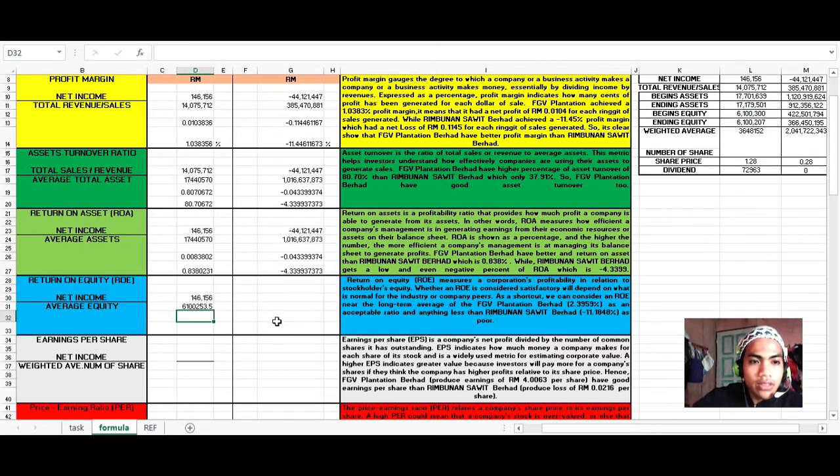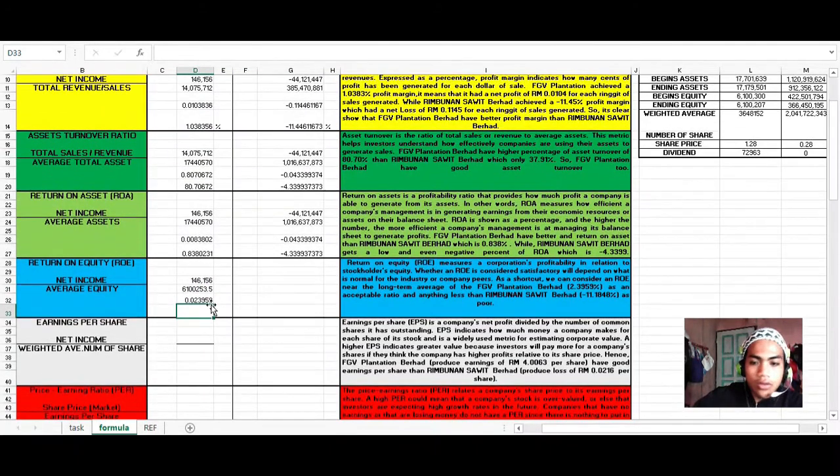So we get 6100, and then we divide it also, and then we times 100. We get 2%.